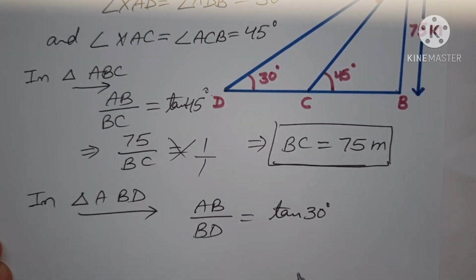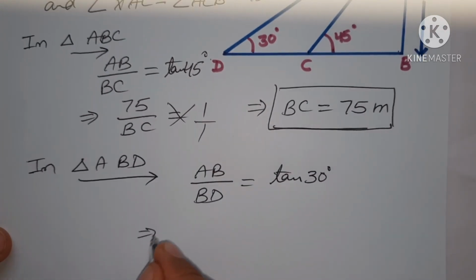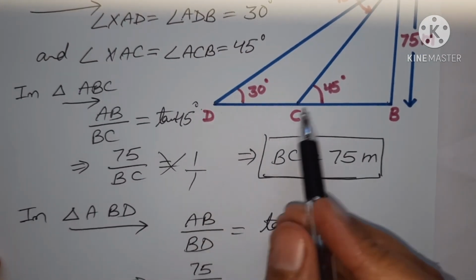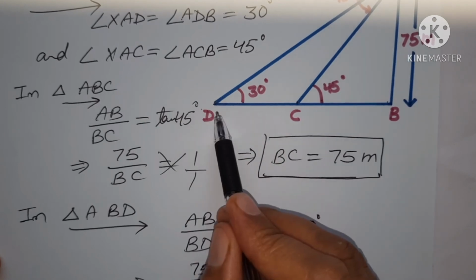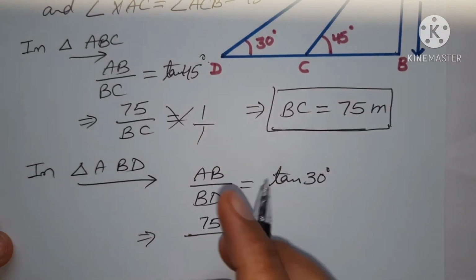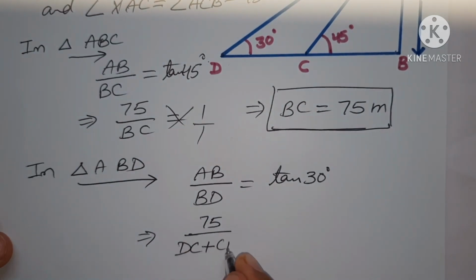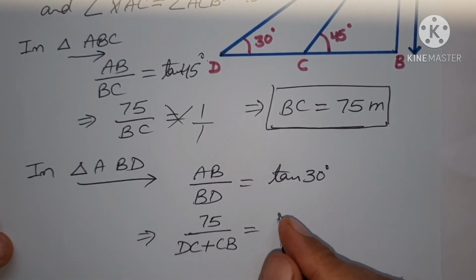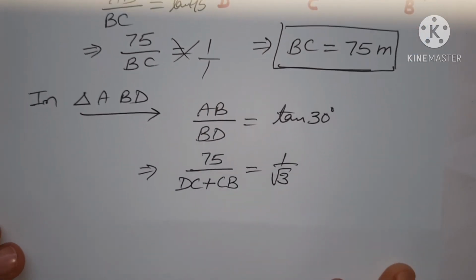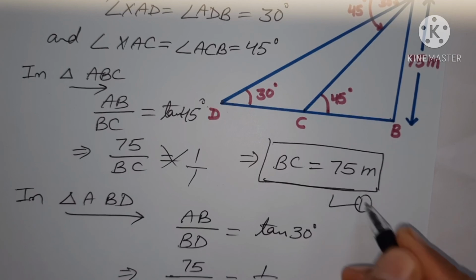So tangent 30 degree. AB value we know 75, and from B to D we will write BC plus CD. So we will write this distance as DC plus CB is equal to tan 30 means 1 upon root 3. So this is equation number 1.